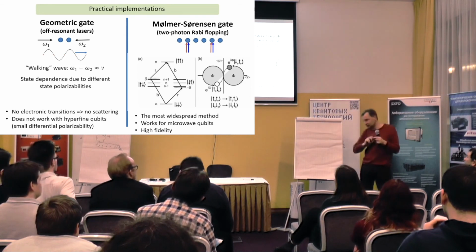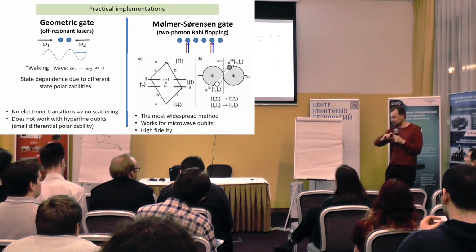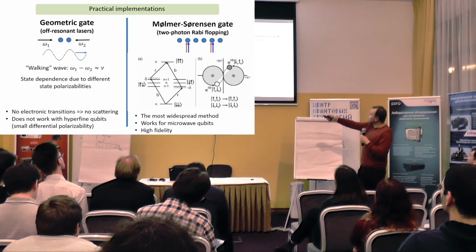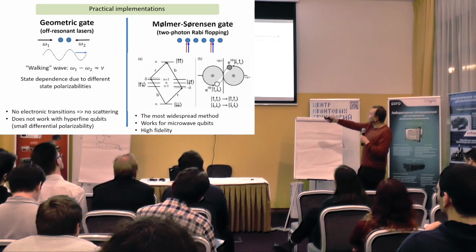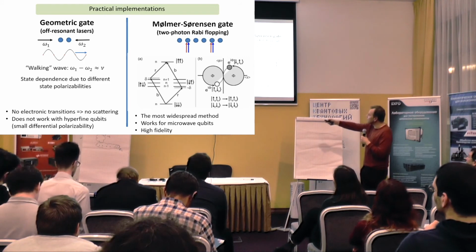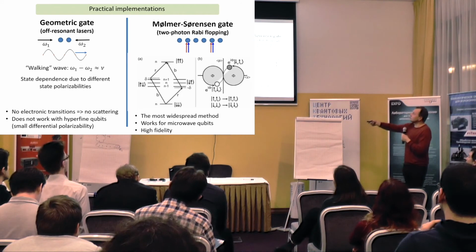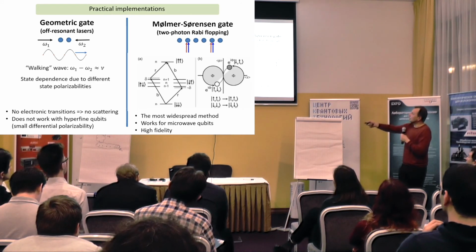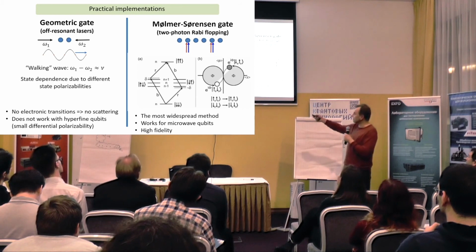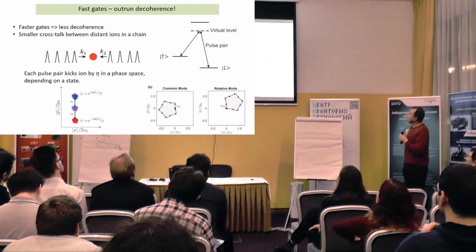So you have a standing wave which runs with a certain velocity in phase, and then depending on the position of the ion, you will end up with different interaction because of different state polarizabilities. The good thing is that there are no electronic transitions, no scattering, but it doesn't work with hyperfine qubits. So this is bad. This works only with optical qubits.